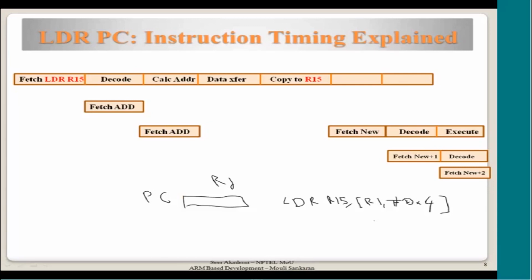Now suppose this is the instruction. What are we trying to say? Whatever is the content of R1, add it with 4, because there is no minus here. Hopefully my handwriting is clear that I have not put any minus.